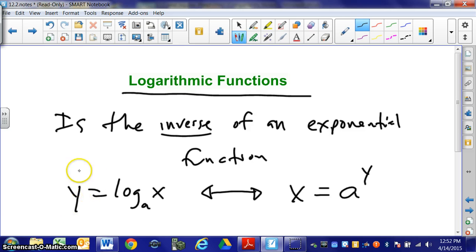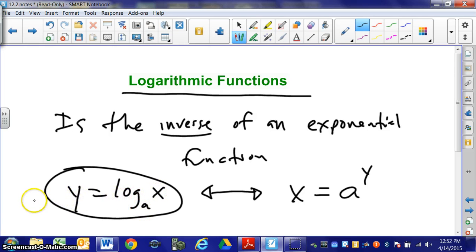So again, this is read as y equals log base a of x. If I was in second grade doing my handwriting, these are all lowercase letters: y equals log base a of x, and a is a subscript. It's written below, but the log and the x are written on the same line.